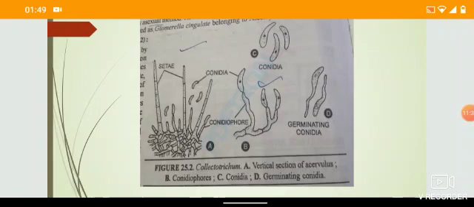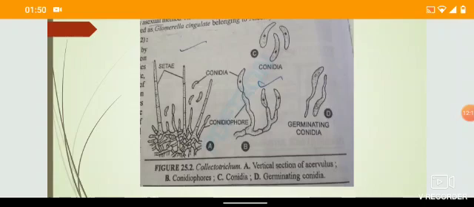And you can see here that the conidia are one-celled, short, cylindrical or slightly curved or sickle-shaped. They can be hyaline or slightly pink-colored and densely granular bodies. Now each conidium possesses a clear vacuole-like globule.